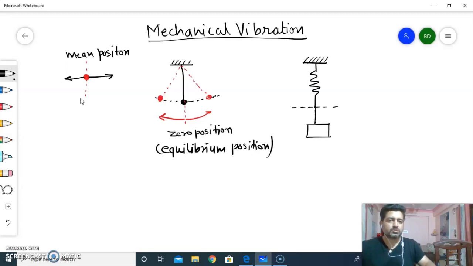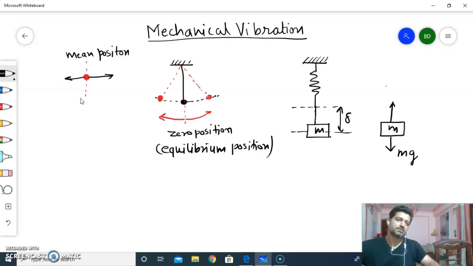So this position will be the deflection in this spring. So the free body diagram of the system is like this: mass, which will act downward, that is mg, and the force act upward direction, which will be the spring force. It will be k into delta, right? So this is the basic of vibration.